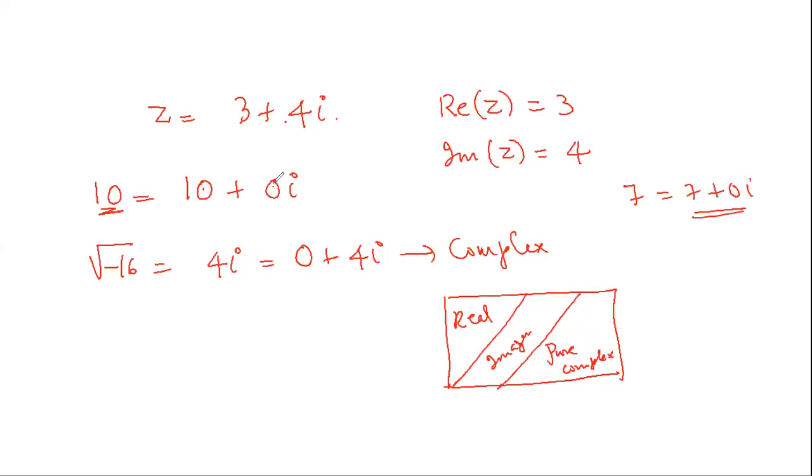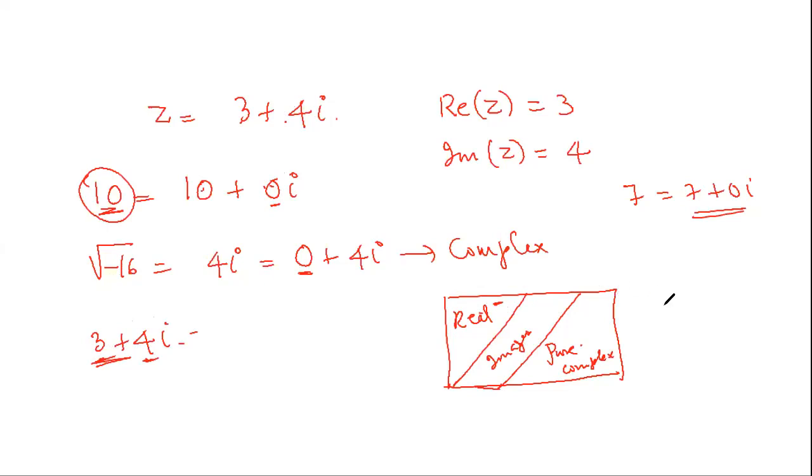Neither the real part nor the imaginary part is 0. In an imaginary number, the real part is 0. In a real number, the imaginary part is 0. In a pure complex number, none of them is 0. So the whole set of complex numbers can be grouped into three parts: real numbers, imaginary numbers, and pure complex numbers.